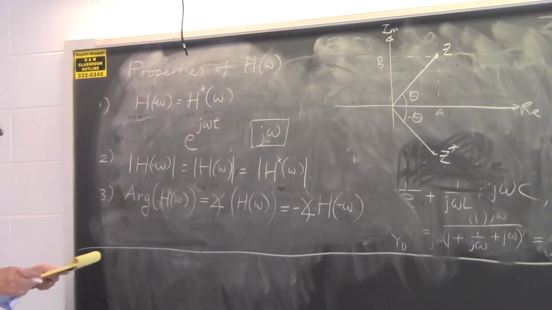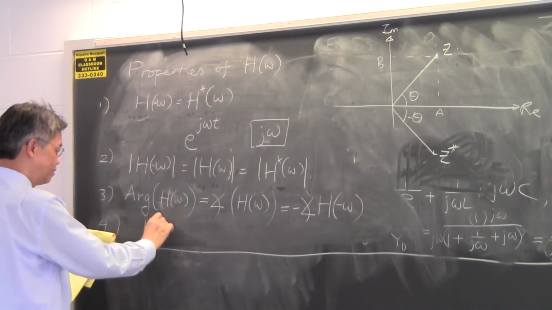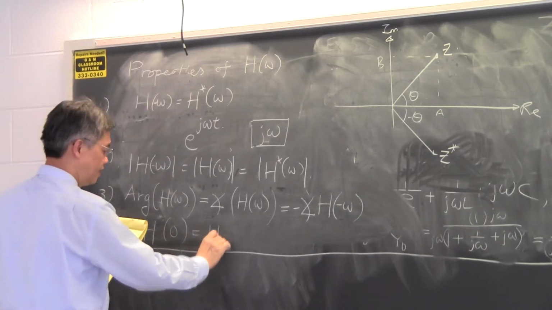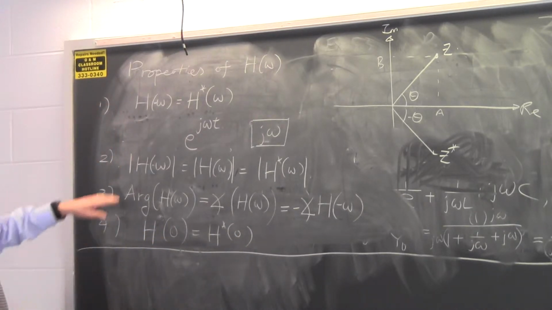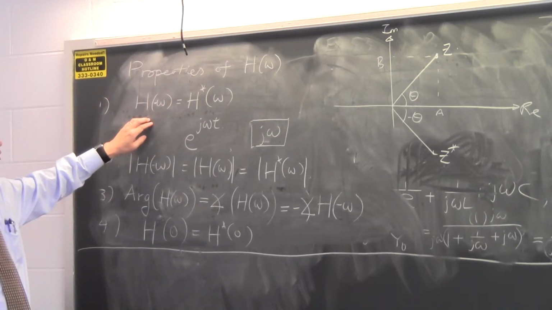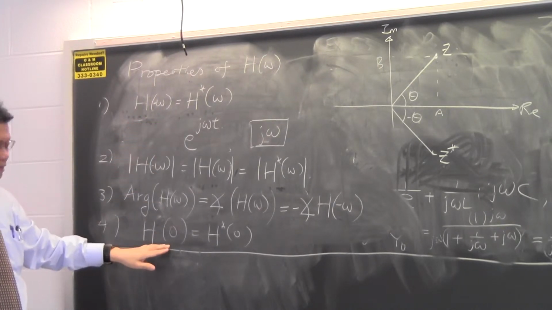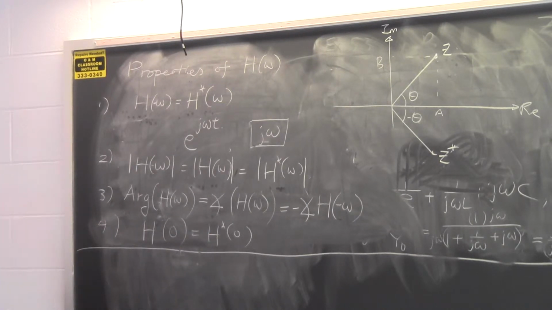And then you have the last property, which says that at DC, H of 0 is the conjugation of H of 0. This property follows from here. But this is special. It says that the number is equal to the conjugation of itself.